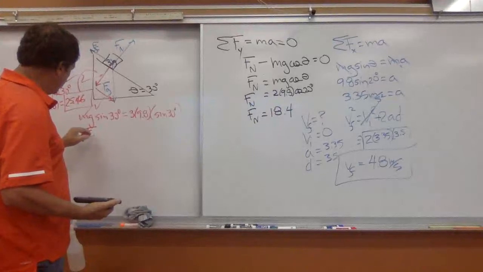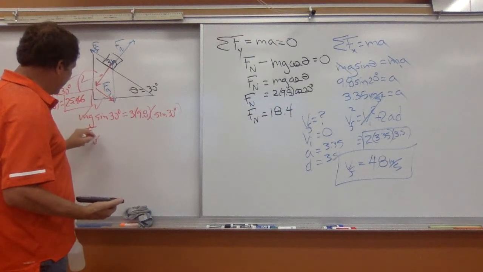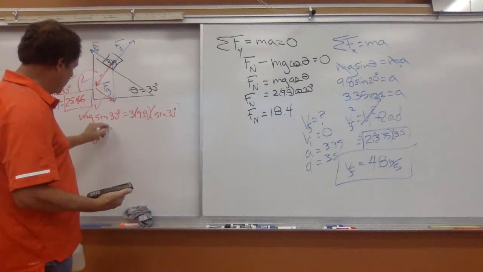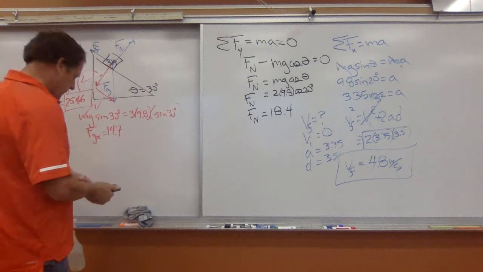So our force of gravity in the x direction is equal to 14.7.